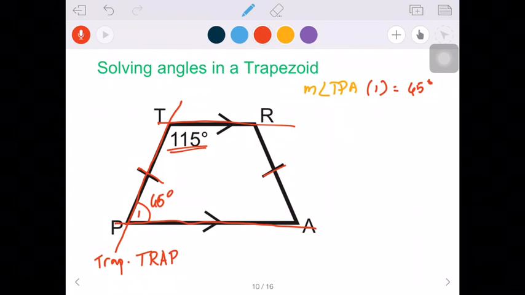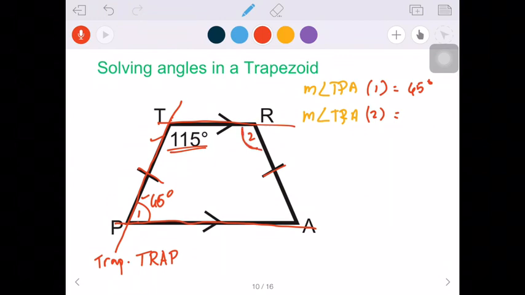Let's go now to the second angle. Measure of angle TRA. And let's, for example, name that angle 2. So this is angle 2. What would be its measurement? Again, if these two lines here are parallel, therefore this 115 and 65 should be supplementary. What about angle 2?